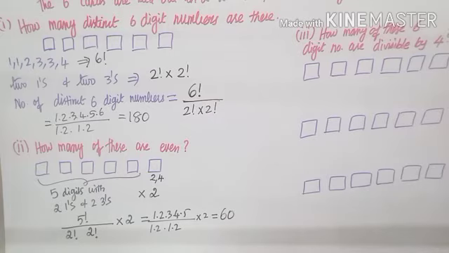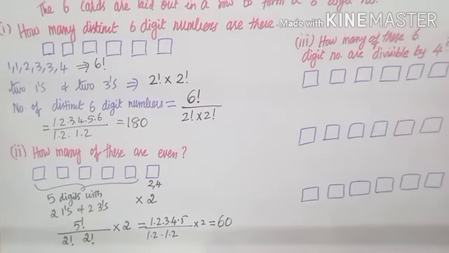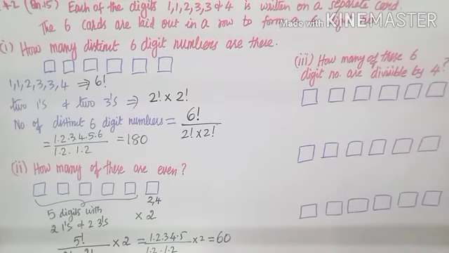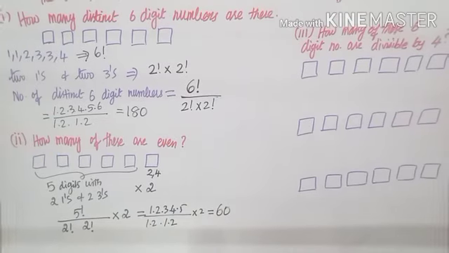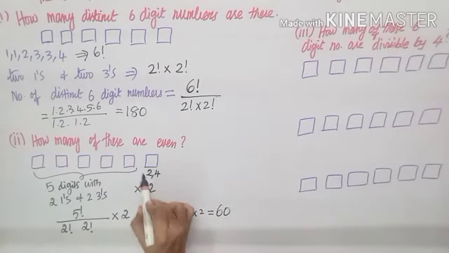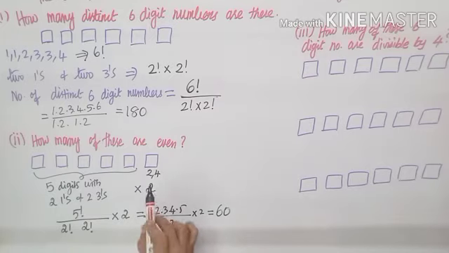The third subdivision: how many of these 6-digit numbers are divisible by 4? When I said even, we said only the last digit, either 2 or 4, describes it as an even number.